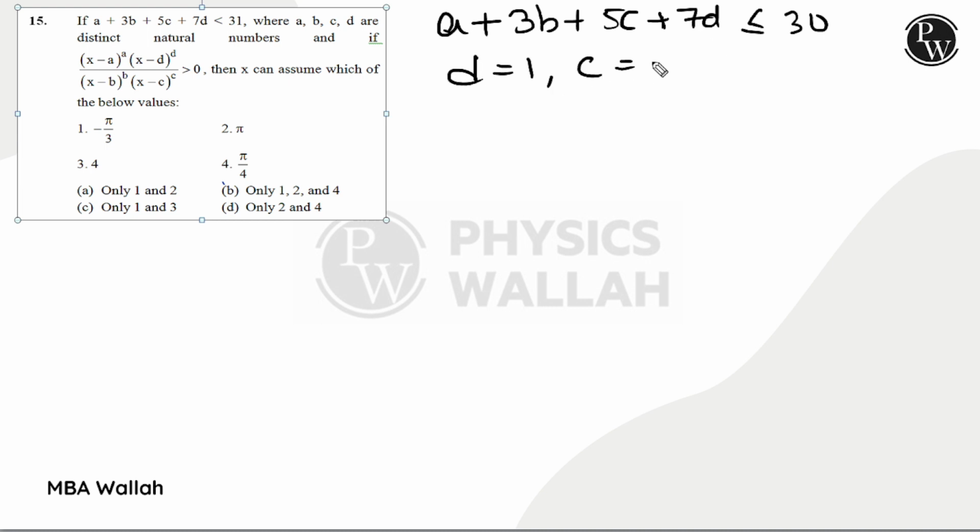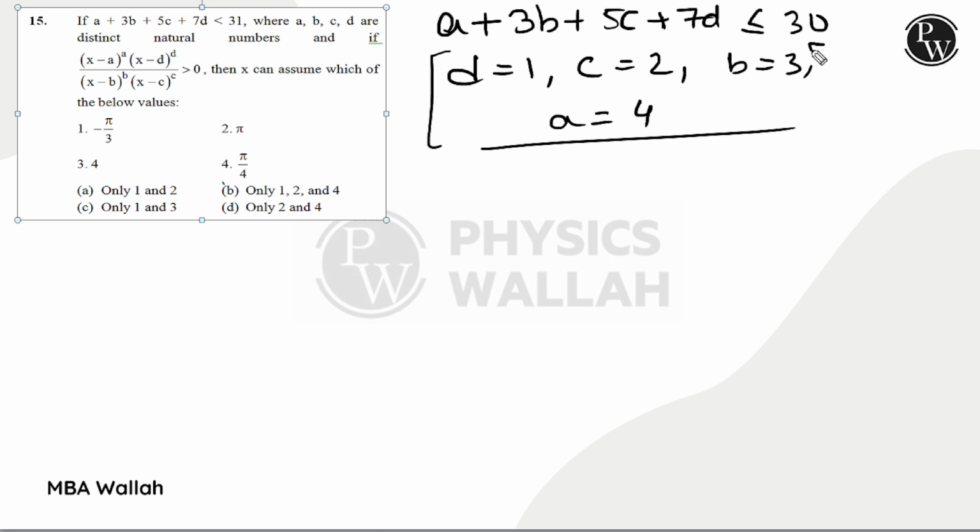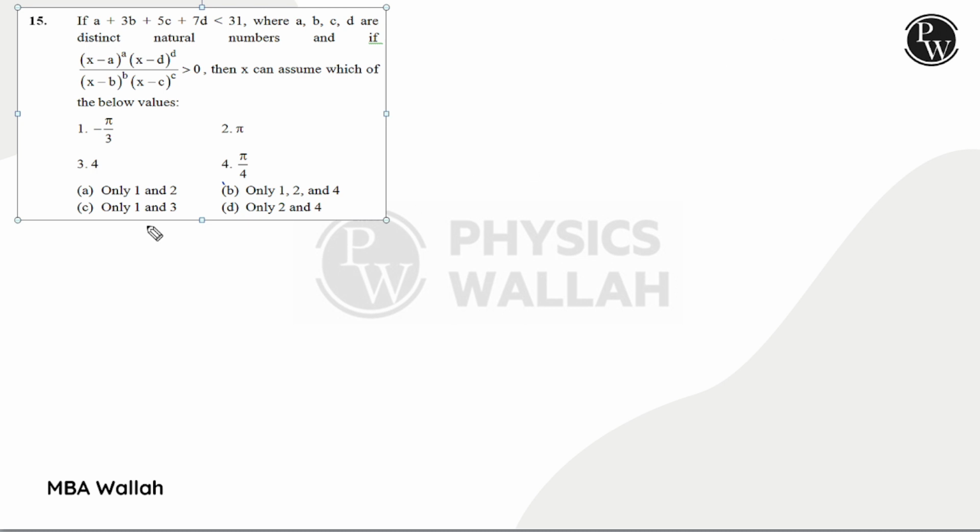Similarly, I'll put c as 2, b as 3 and a as 4. So these are the values. If I minimize these terms, only then I'll be able to reach 30. Otherwise, if you maximize d, for example, if you put d as 7, 7 sevens are 49, that is, the single term is more than the upper limit, so it can't happen. Having understood this simple idea, let us start with the question.